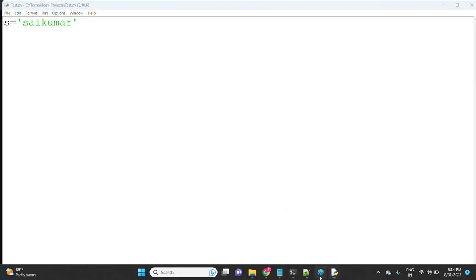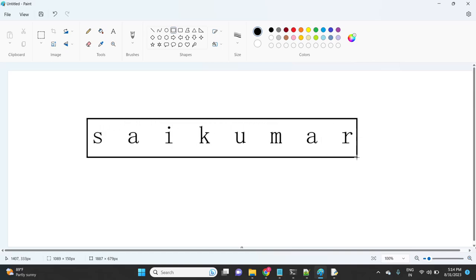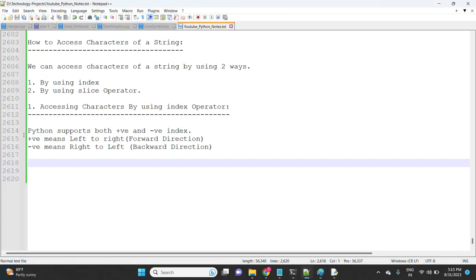Now observe here. First of all, what I told you is positive means left to right, negative means right to left.